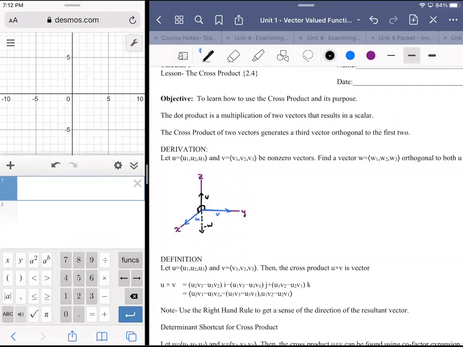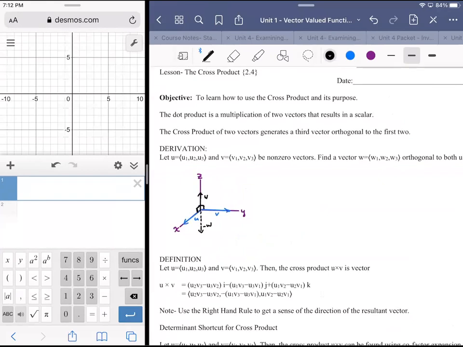So the way the derivation actually starts off is by carrying out the process of dotting U with W, and then also dotting V with W. If you dot U with W, you're looking at U1 W1 plus U2 W2 plus U3 W3 is equal to 0.